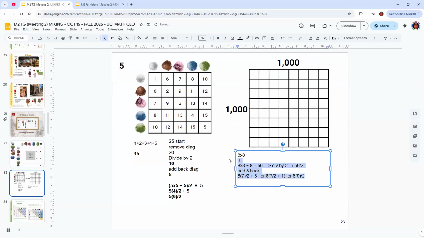You have the diagonal. Let's do it again. 1,000 by 1,000 would be all. So you remove 1,000. So you would get this 1,000 by 1,000 minus 1,000. You would divide that by 2. And then you would add 1,000 again.